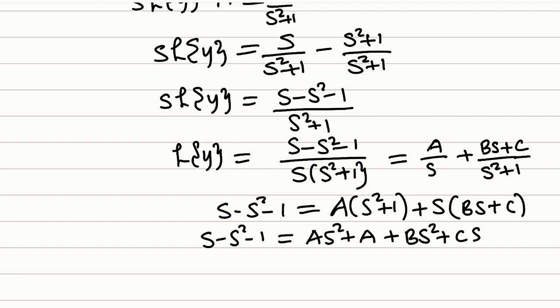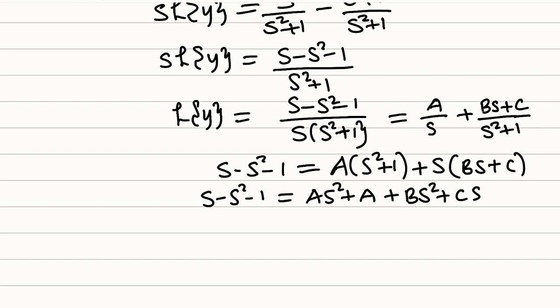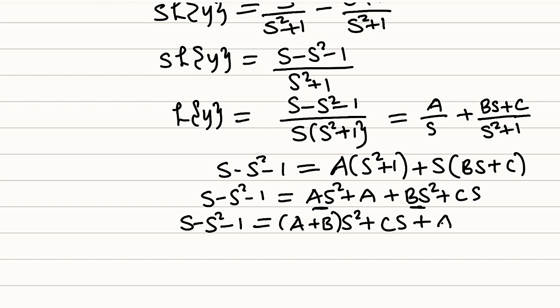All right, let us bring those with s squared together. s minus s squared minus 1 is equal to, you can even factor out s squared, so we have a plus b multiplied by s squared. Then those with s, we have only cs, and the constant, we have a.